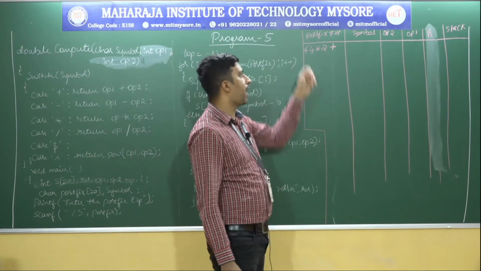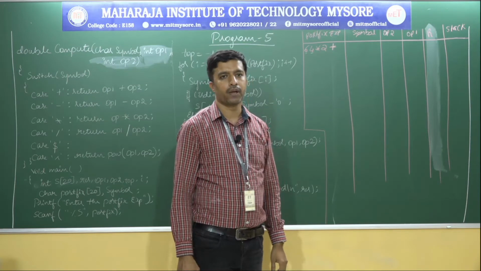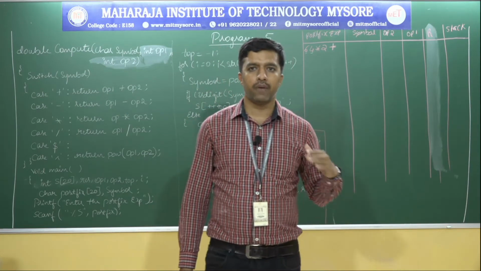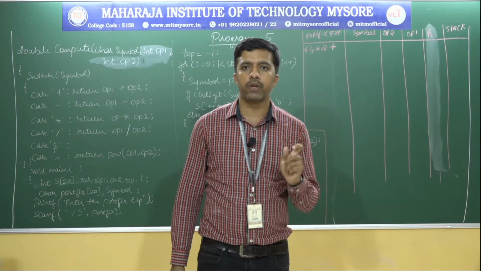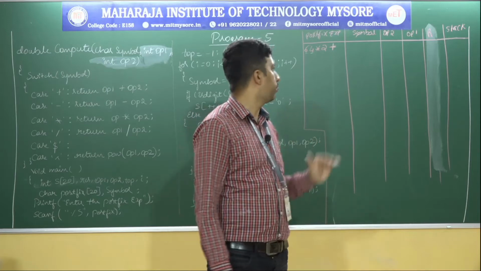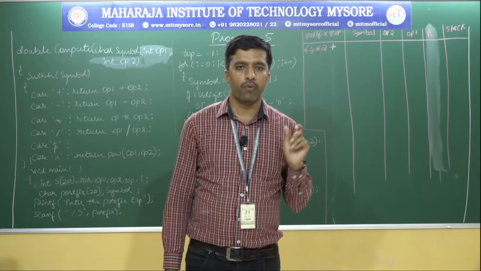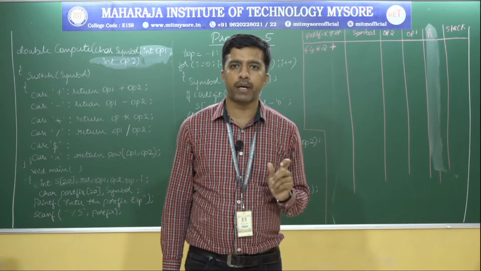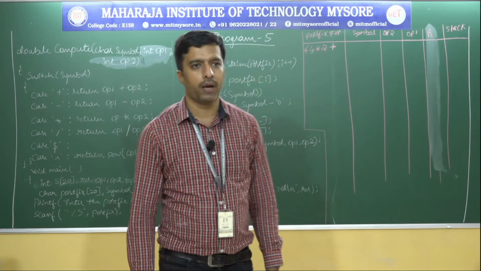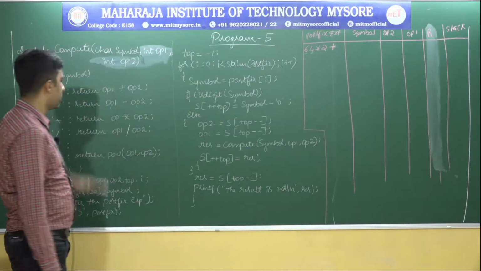The first scanned symbol is 6. When the evaluation process is carried out, that is, when you encounter an operator, we perform the evaluation operations. If you do not encounter any operator, we do not perform any calculation.